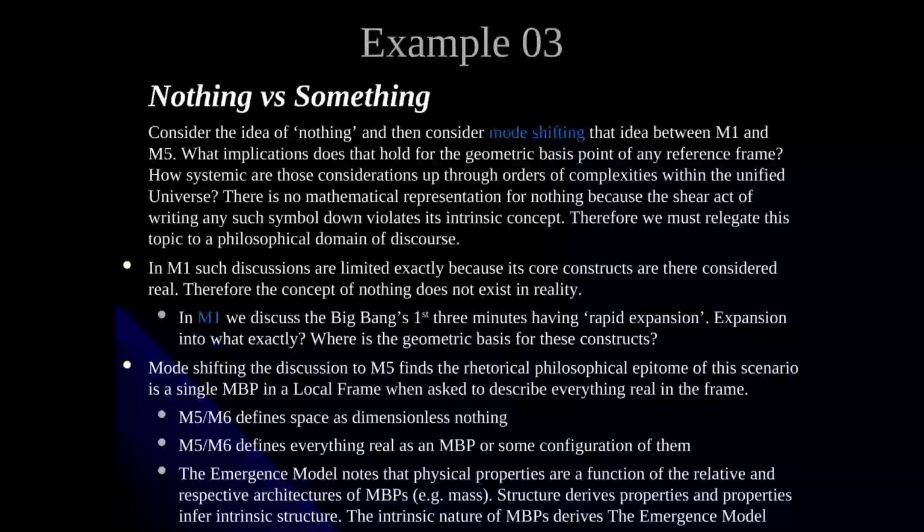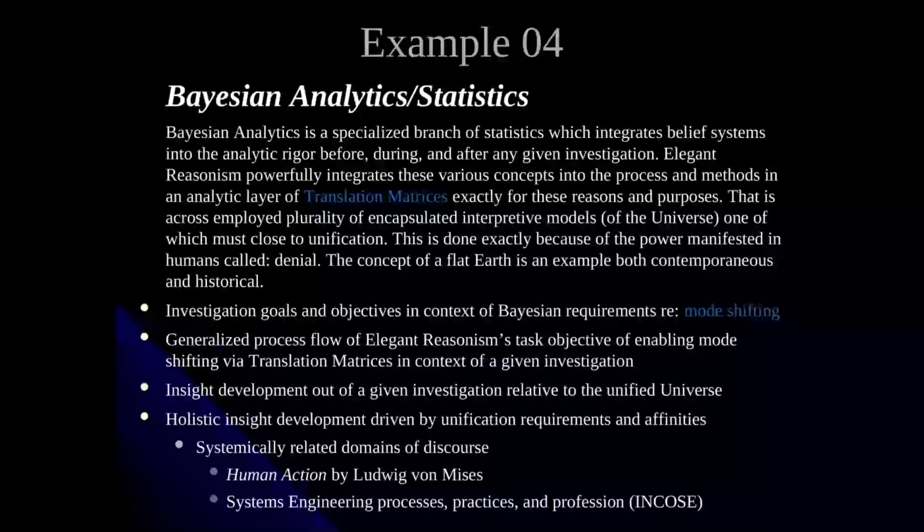Example 4, Bayesian analytics and statistics. Bayesian analytics is a really cool part of statistics. It integrates belief systems into the analytic rigor before, during, and after a given investigation, and at each step and stage. And so, I'll just say this as a general point for the analytics stack of translation matrices: don't think that because we have one defined layer there that there's actually one real layer there.